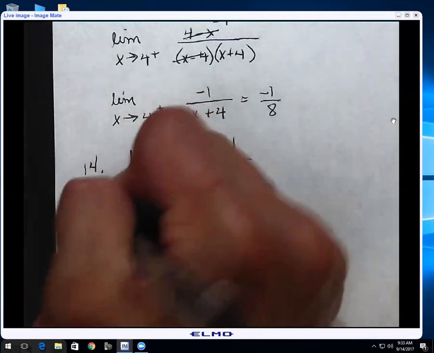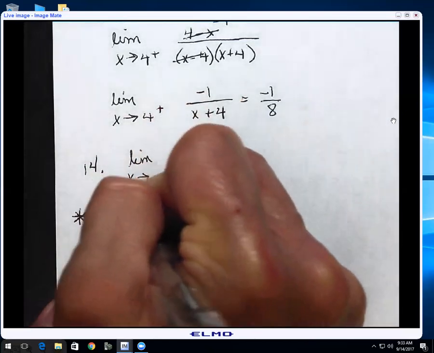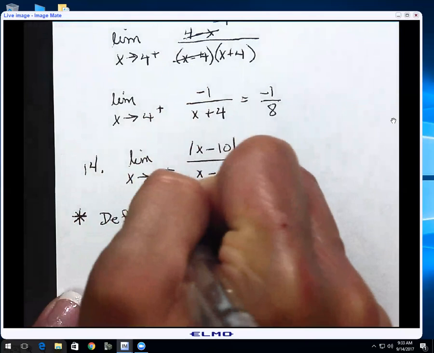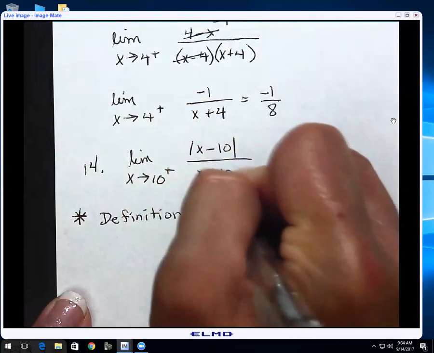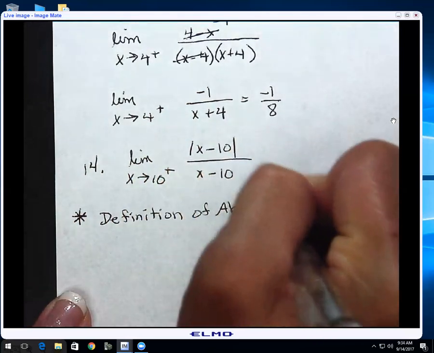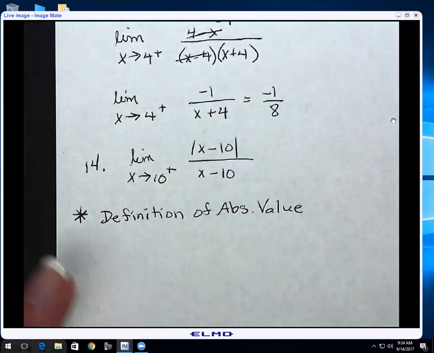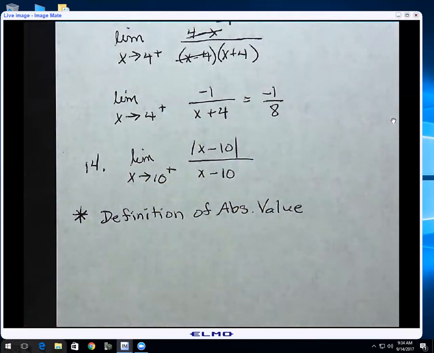The definition of absolute value. It's been a long time since we've actually seen the definition of absolute value. We just say it's distance, it can never be negative, and that's true.